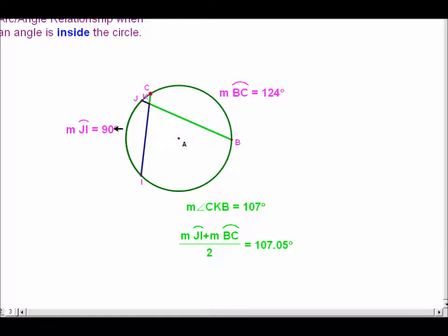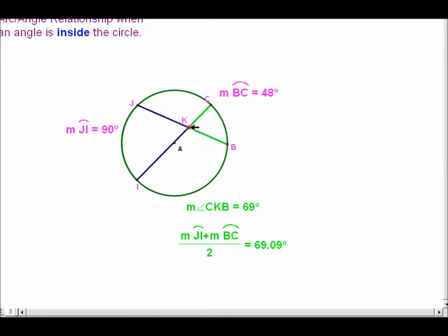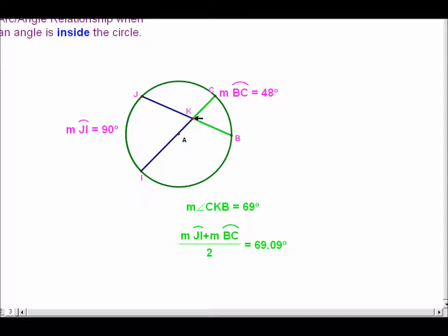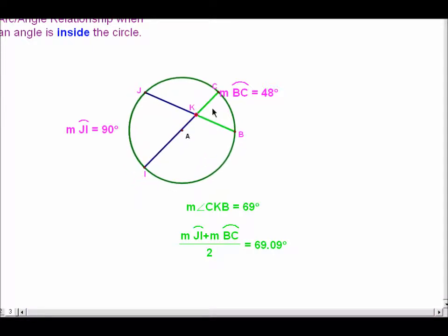So 124 and 90 degrees are our intercepted arcs, and the angles are still holding to that relationship. If we take the average of the arcs, that is the measure of our angle. I was going to say we could drag that and make that the central angle, but it's not going to let me, I didn't construct it to let me do that.